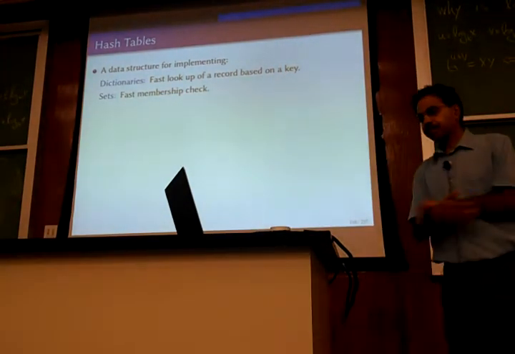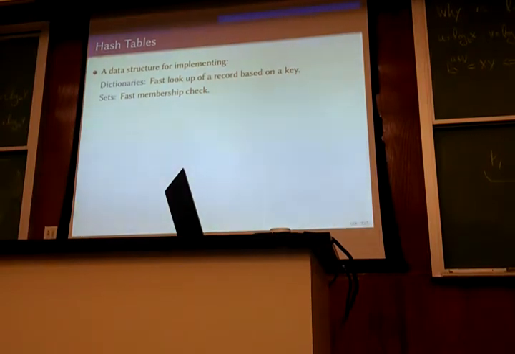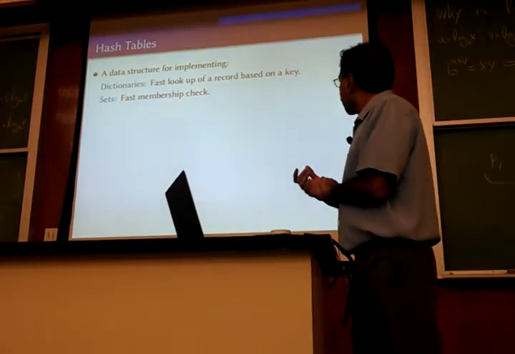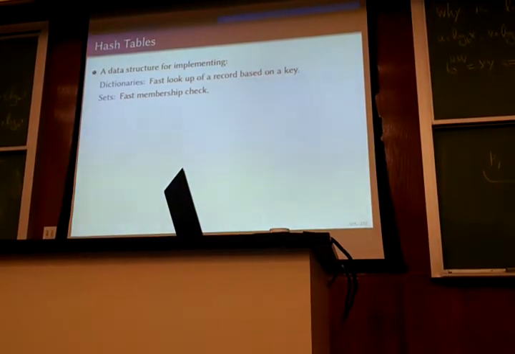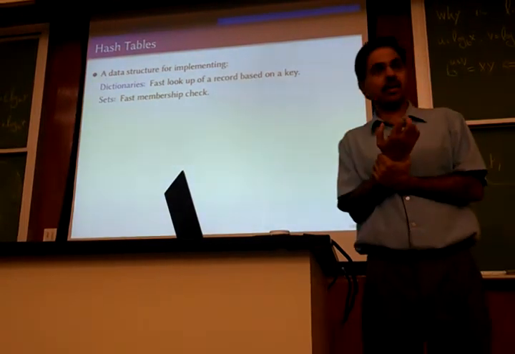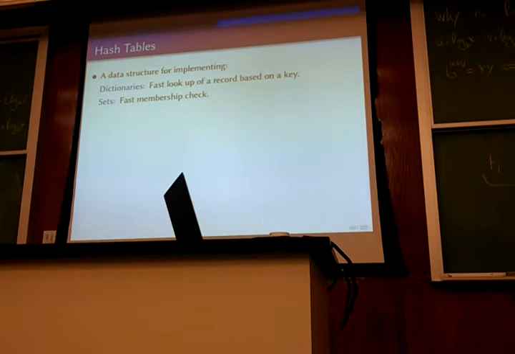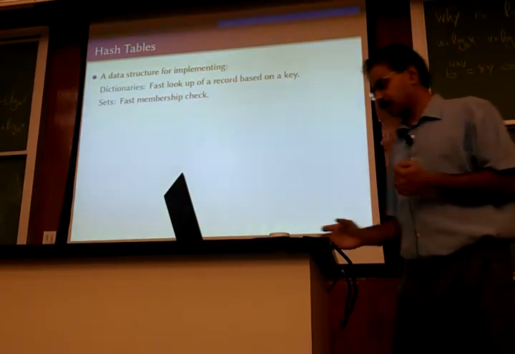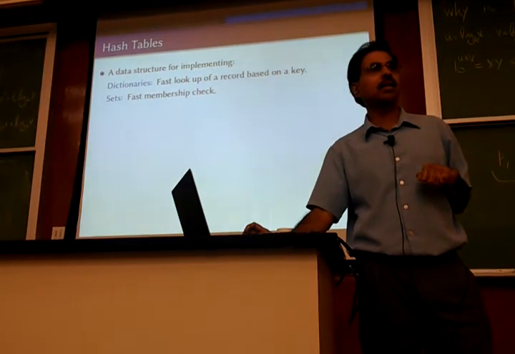Okay, so that leads us to the next topic, which is hash tables. We'll start off the discussion about hash tables today and spend most of the next lecture on hash tables. Hash tables are used to maintain dictionaries, or you can represent sets using hash tables so that you can do fast membership checks.